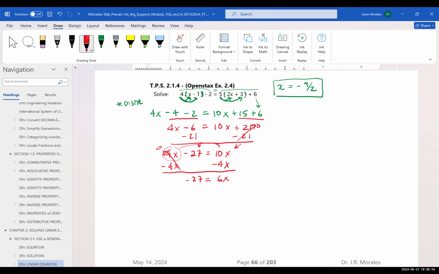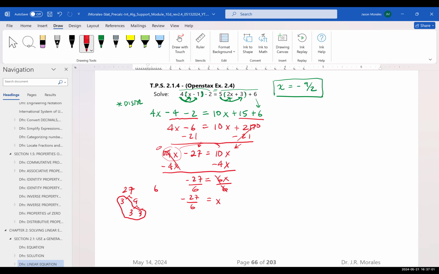All right. Now we'll divide both sides by 6. 6's cancel. And we get x is equal to -27 over 6. So 27 is 3 times 9, which is 3 times 3. So 27 is 3 times 3 times 3.